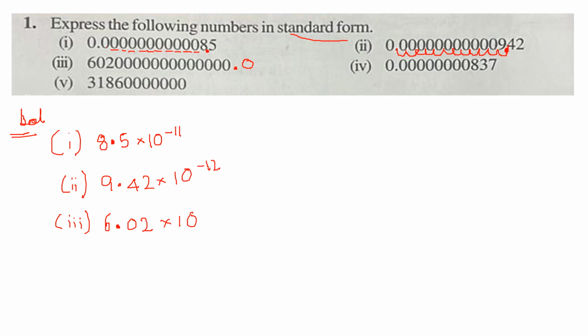A whole number means the decimal part is 0, right? So now you just count from here how many places the decimal has traveled. 1, 2, 3, 4, 5, 6, 7, 8, 9, 10, 11, 12, 13, 14, 15. It has traveled 15 places. So 10 to the power 15 would be the answer.